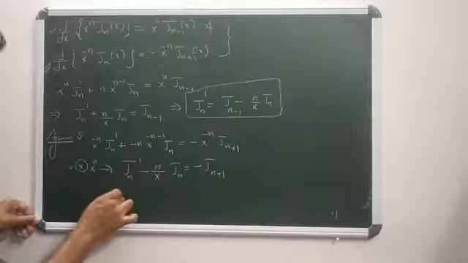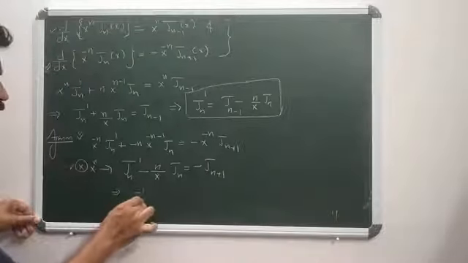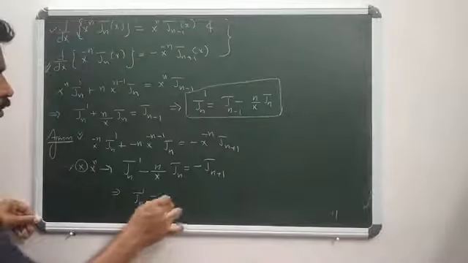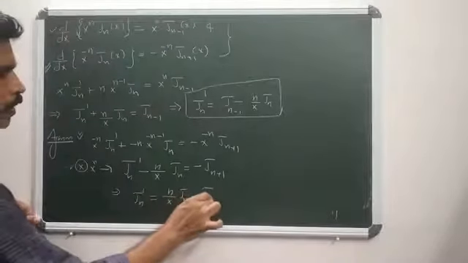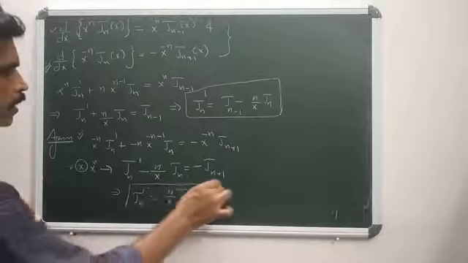Agree? So you have another relation here, that is Jn prime equals n by x Jn minus Jn plus 1. So this is another relation.